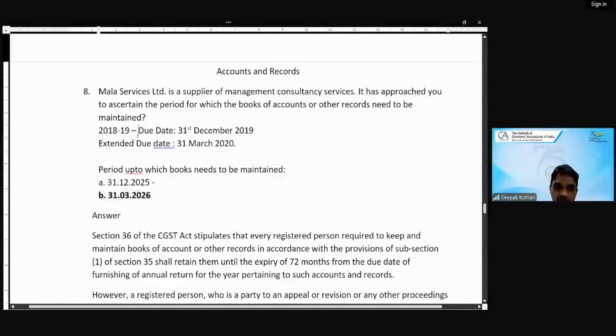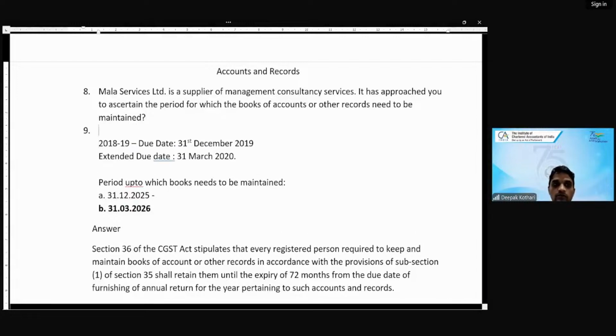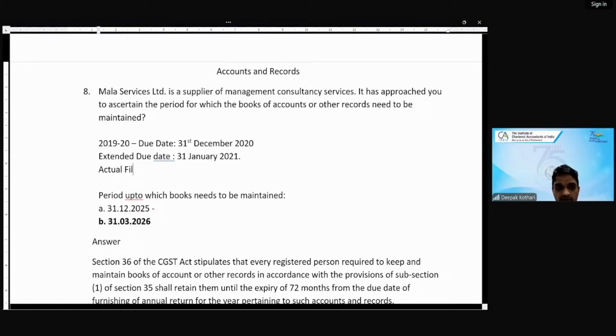Okay. Now, so let me now change the question. For 2019-20, the due date is 31st December 2020 and extended due date is say 31st January 2021. Okay. And actual filing, our company Mala Services was very active and they have filed it on 30th September only.